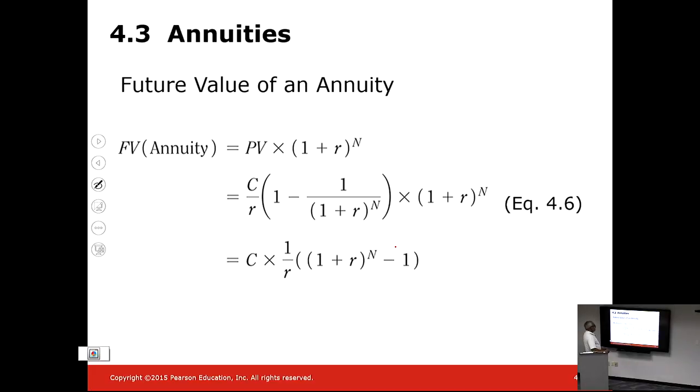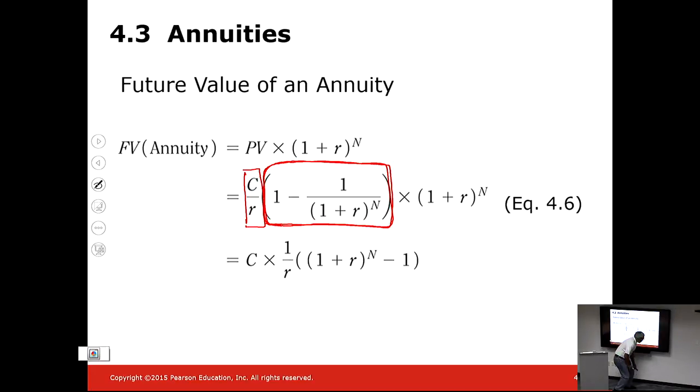What's the future value of the annuity? Remember, this was the present value of the perpetuity. Then to that we multiplied this factor to account for the fact that cash flows end at a certain time. Now I want to take the future value of that.